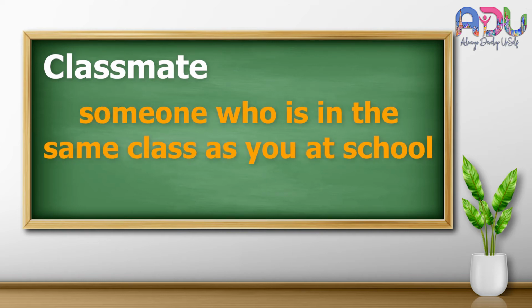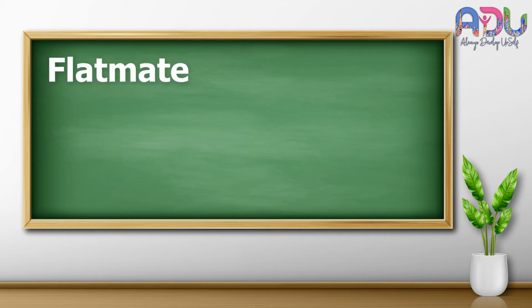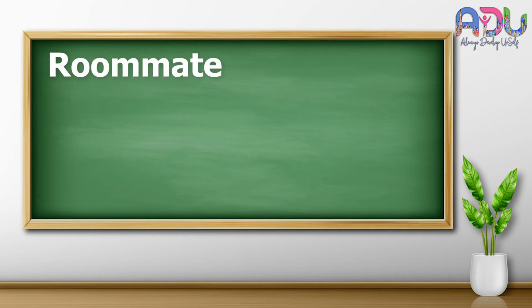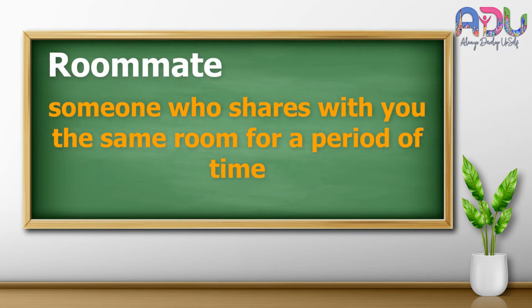A classmate is someone who's in the same class as you at school. 7. Flatmate. A flatmate is someone who shares with you the rent of an apartment. 8. Roommate. A roommate is someone who shares with you the same room for a period of time.